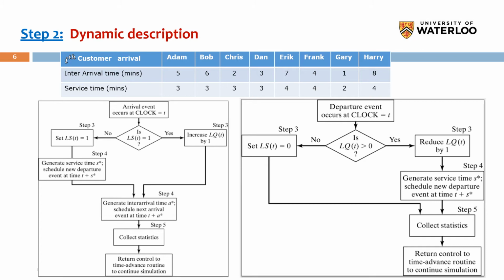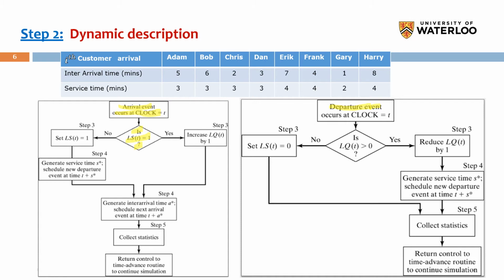For the events, as you remember, for any event we need to formulate its impact on the system. Here is the arrival event, and this is the departure event. So here we are formulating the impact of the arrival event on the system. If we have an arrival event at time t, then we need to check if the server is available or not.